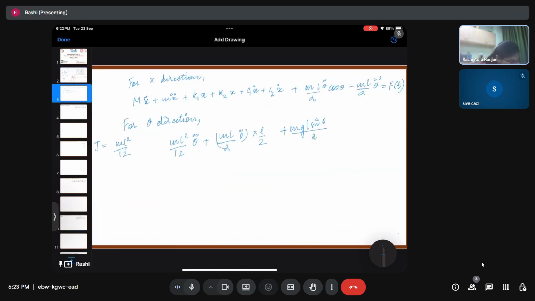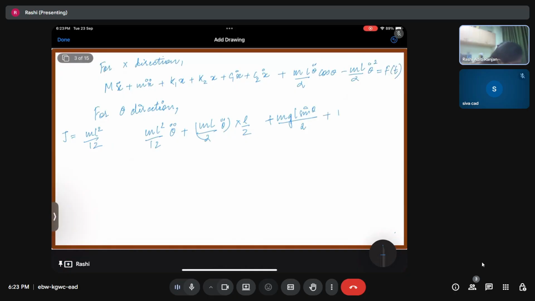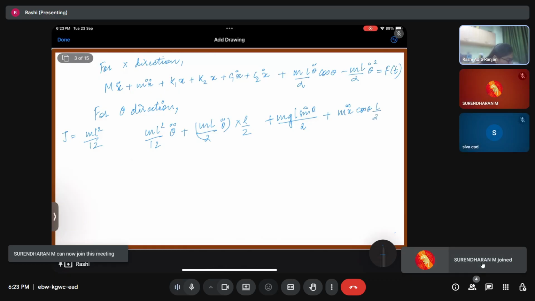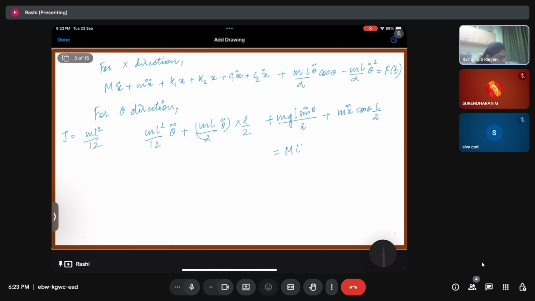So we have mx double dot, its component in the perpendicular direction, cos theta, into L by 2 into L by 2, and this is going to be equal to M of t, where M of t is some external torque, which is not specified in the question, but we have assumed that there is some external torque. So this is going to be the equation of motion in the theta direction.